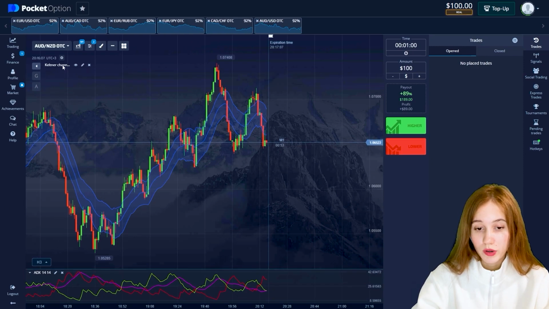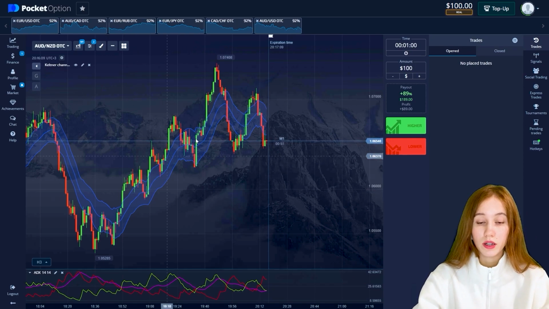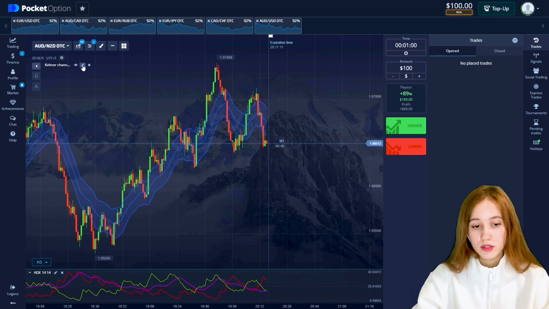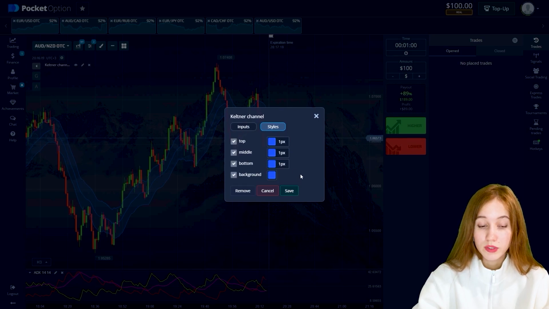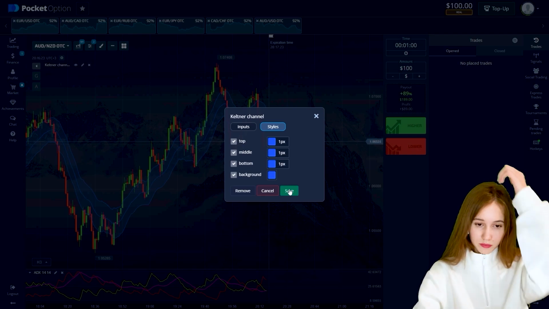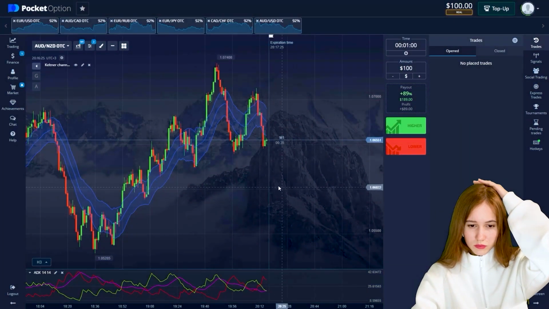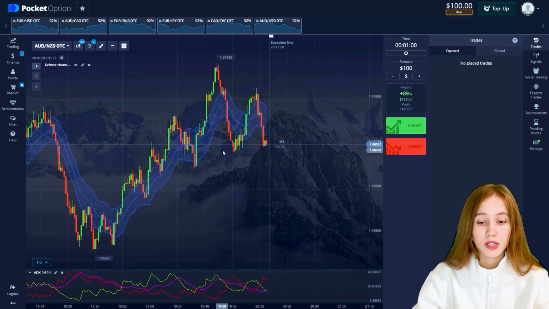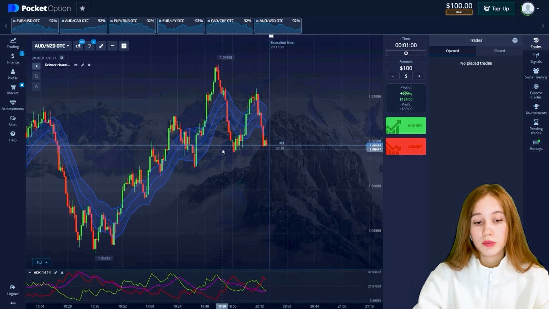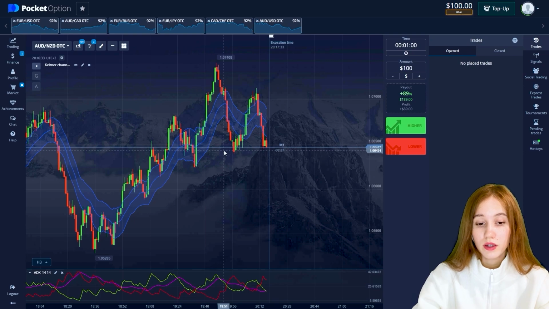Let me tell you more about this. We start with the Keltner channel. It's located on our chart, and here are the settings. You can pause the video and copy the settings of this indicator. This is the main volatility indicator of technical analysis, which helps us to determine the trend in the market.